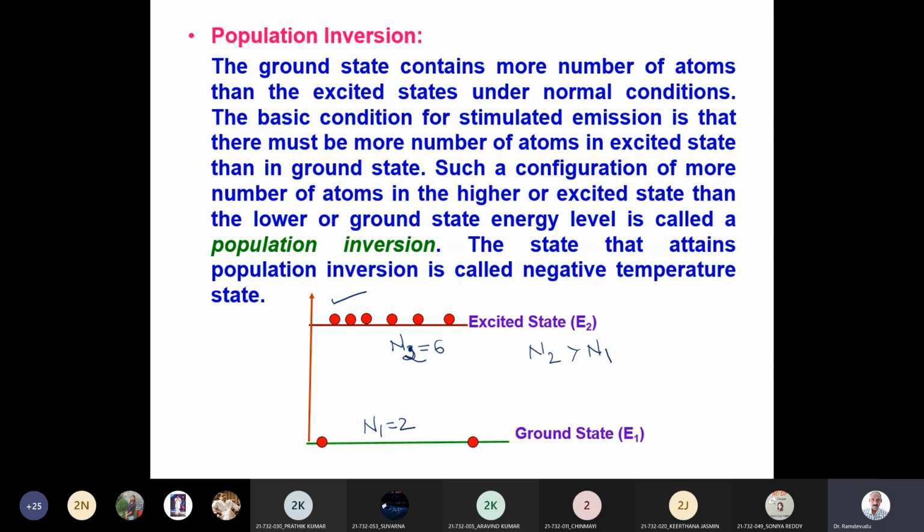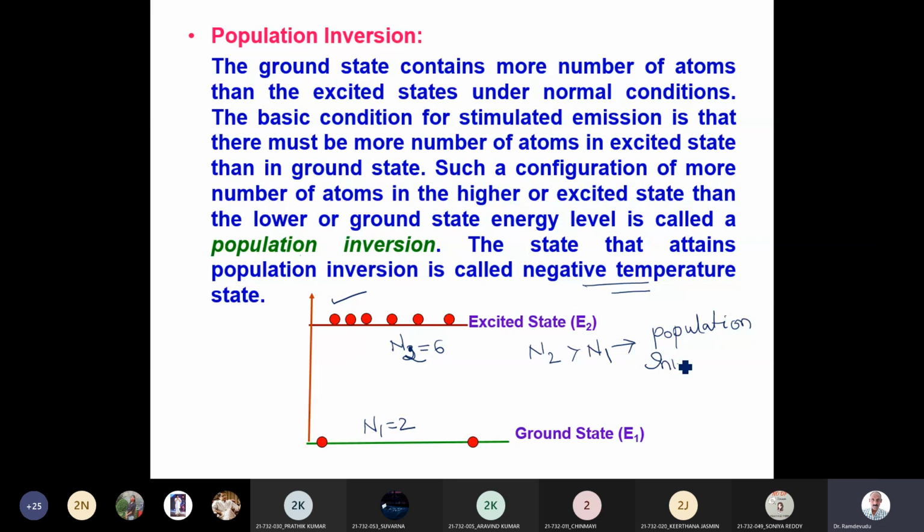Therefore, having more atoms in the excited state is different from the thermal equilibrium state, and such a state we call a negative temperature state. This condition, having more atoms in the excited state than the ground state, we call the population inversion condition.